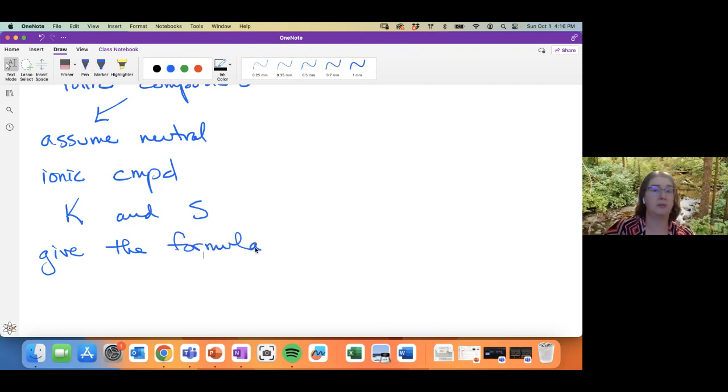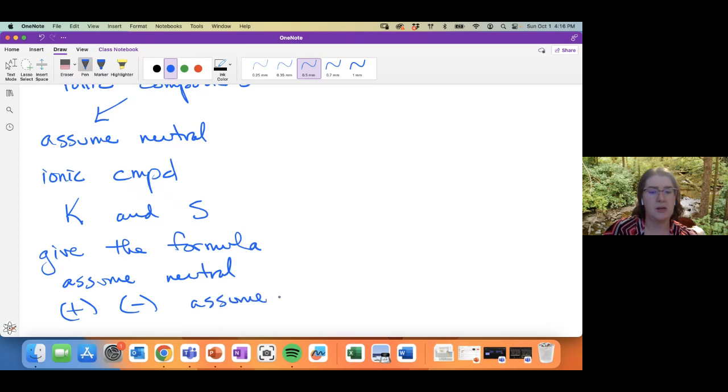If it's a question like this, where all you really know is that you have a metal and a non-metal, which means it's ionic, and you're told to give the formula, the only real way you can do that is if it is ionic. Here we are assuming that it's neutral. For the most part, if it is ionic, where you have a positive thing and a negative thing coming together, you do get to assume that it's neutral.